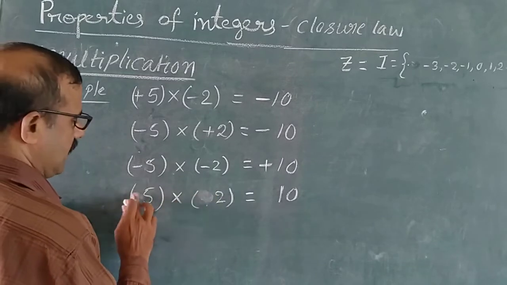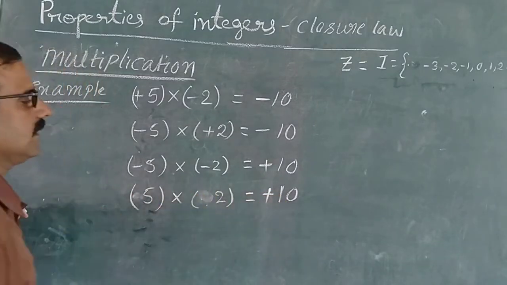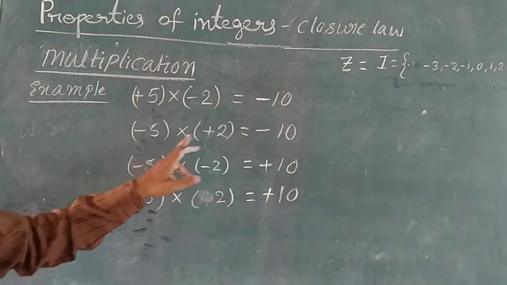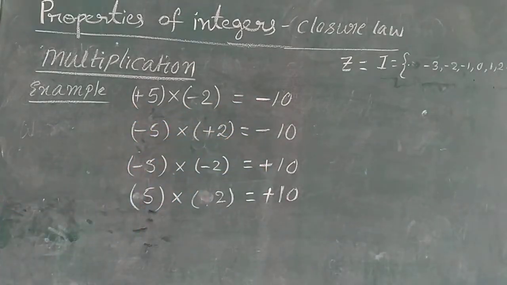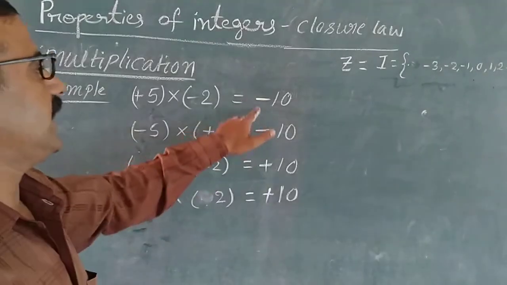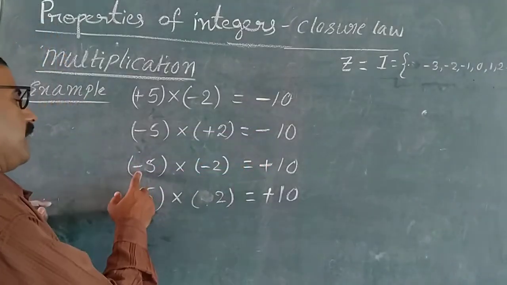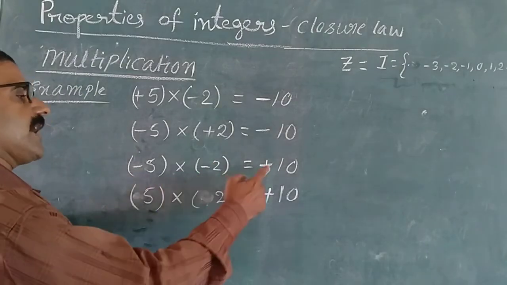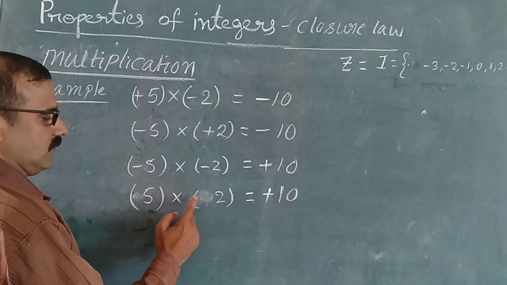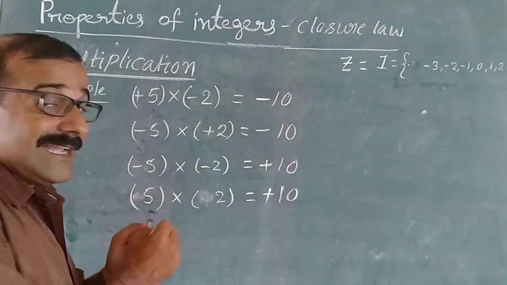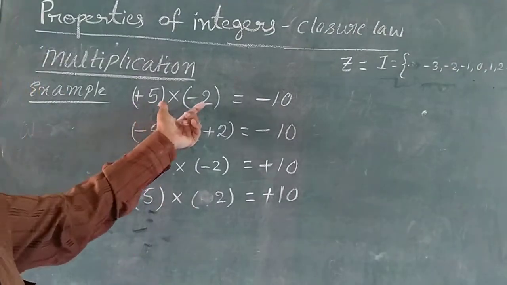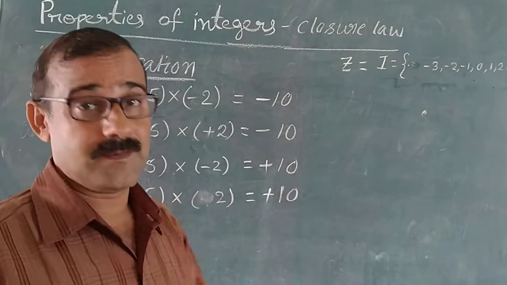Plus into plus, plus. So plus into minus, minus into plus, minus. So the product of opposite signs is always negative. Multiplication of the same sign is always positive. Minus into minus is plus, plus into plus is also plus. Keep this in your mind.